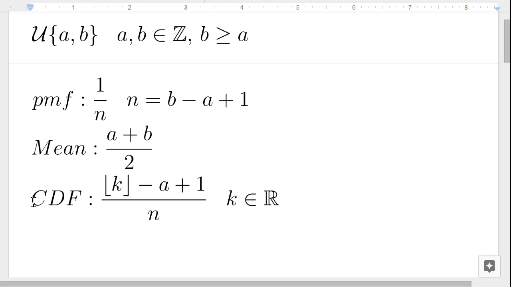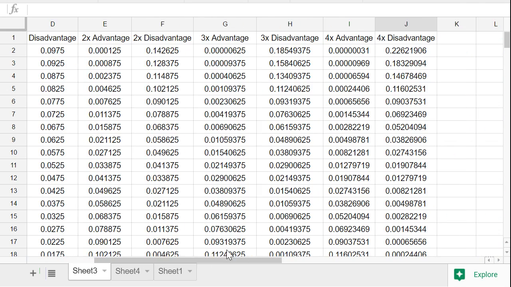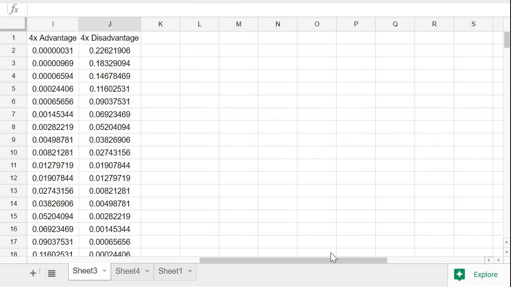And then CDF, that's the cumulative distribution function. When you're talking cumulative, it has to be continuous. I'm not sure why, but it just is. And cumulative means that, let's say we came over here. Let's use our 4 times disadvantage as an example, right?